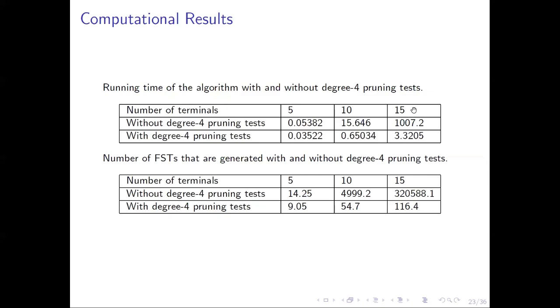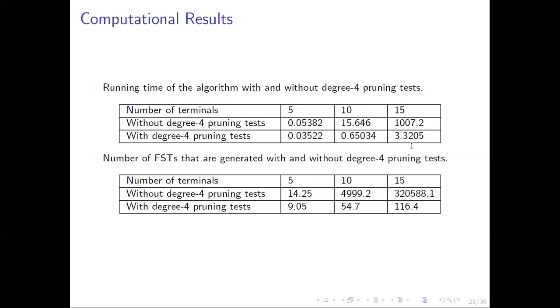I didn't mention it, but k = 3, so you're allowed to have 3 Steiner points. And you can see this is the running time of the algorithm, and with the pruning test, you reduce the time taken dramatically, especially as you run larger instances. So I would say 1,000 to 3.3 seconds is quite a marked difference.